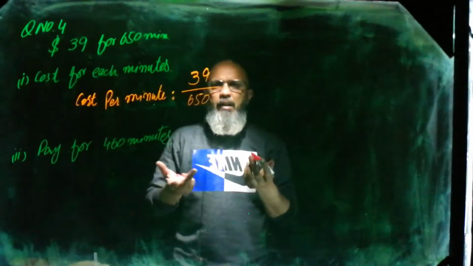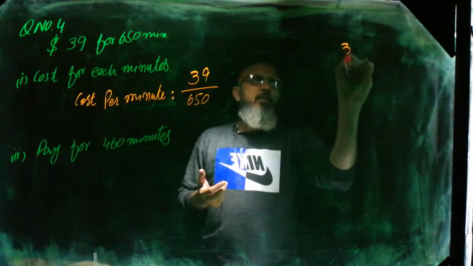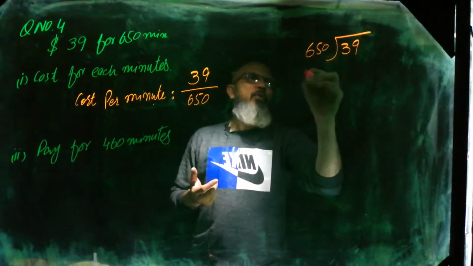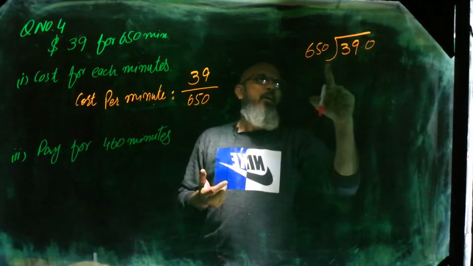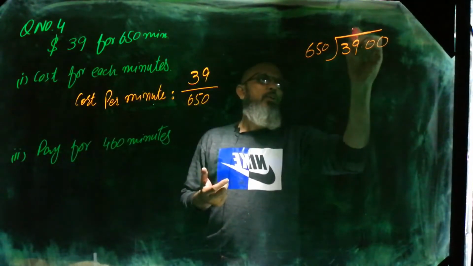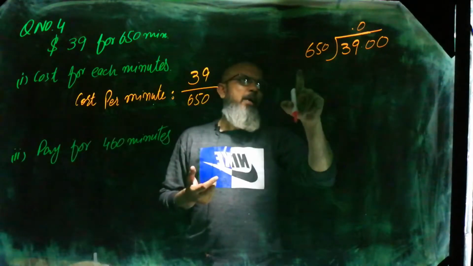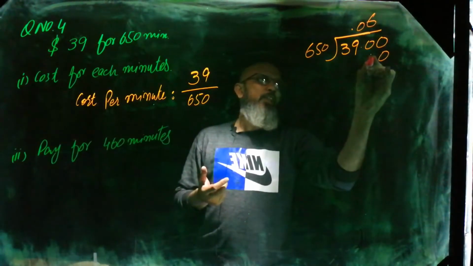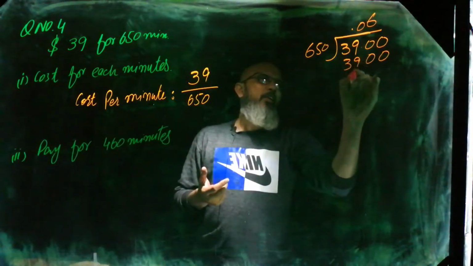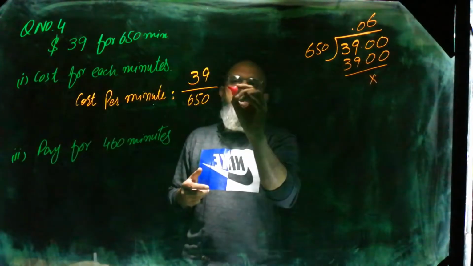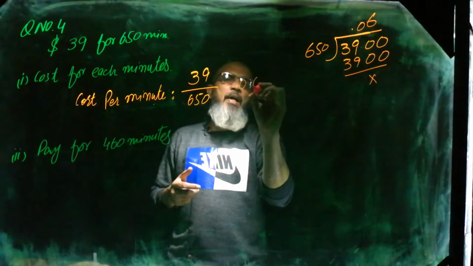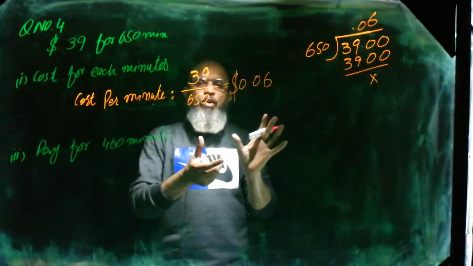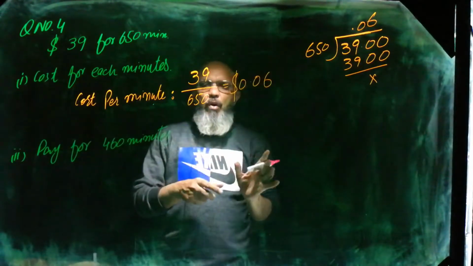So it's again a long division by 650. We need decimal, we need one more zero, so we multiply 65 with 6, 6 5s are 30, so it's an easy calculation. So your answer is $0.06 per minute. That is the cost for the 1 minute call he paid.